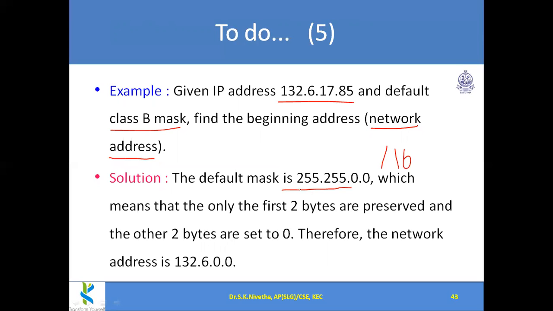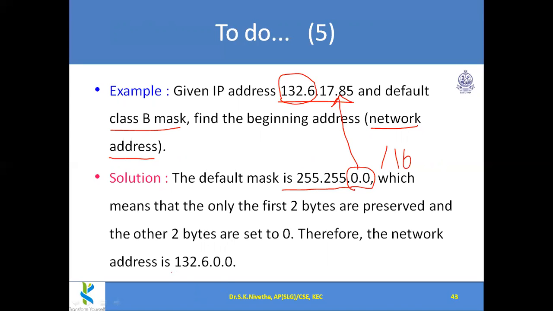So if this is applied, we have to apply an AND operation between the given address and this. The first 2 octets are preserved because whatever bit I have here is ANDed with 1, which means the same bit will come. And here all these are 0. So if I AND this part here, this value becomes 0.